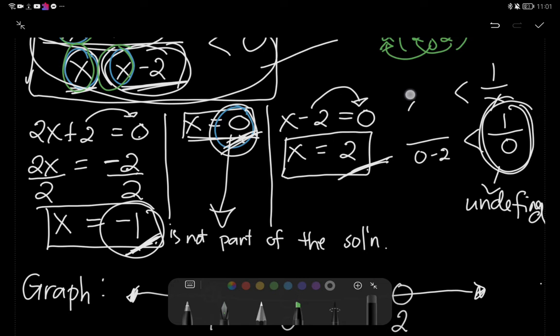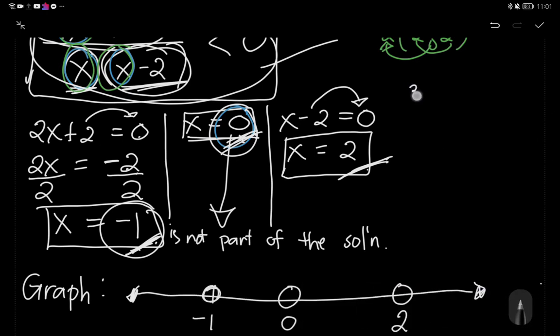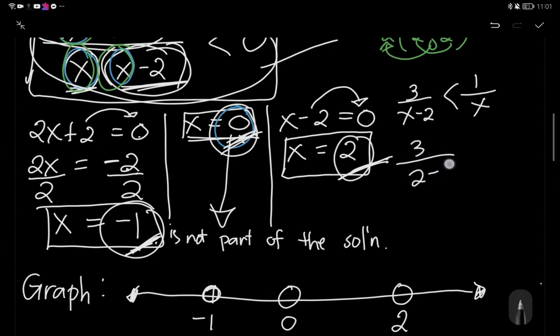Now, let's try the last critical value, positive 2, using the original inequality, 3 over x minus 2 is less than 1 over x. Substituting positive 2, that is 3 over 2 minus 2 is less than 1 over 2.